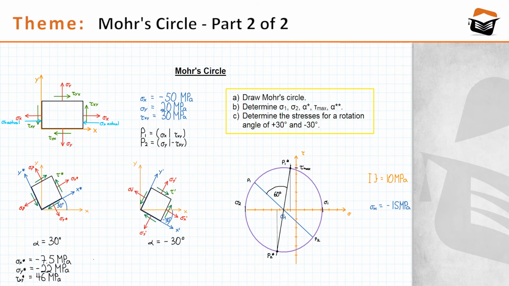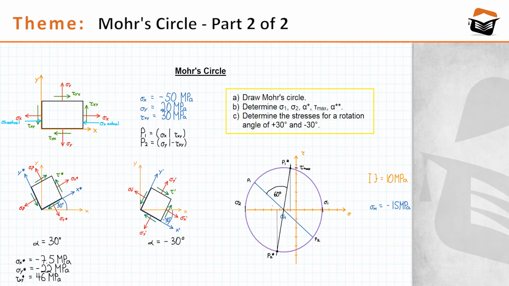All you need to know is that if you want to find the stress values in analogy to P1 and P2, you need to check what are the coordinates with respect to the sigma axis and tau axis for P1 star and P2 star.